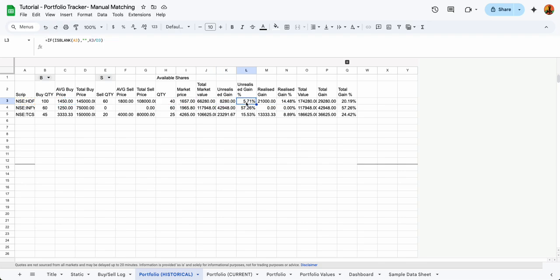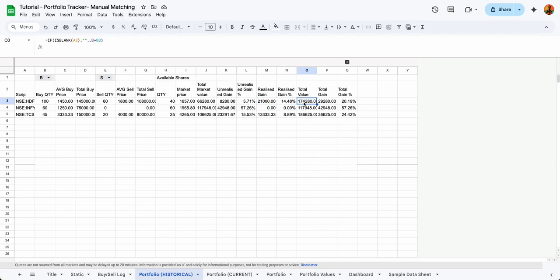The percentage of unrealized gains is unrealized gains divided by the total buy price. Then I've got the realized gains, which is equal to the average selling price minus the average buy price and the whole into the total sell quantity. And I've got the realized gain percentage.